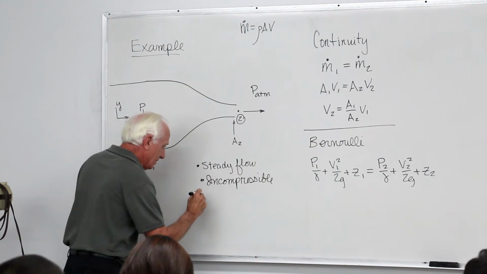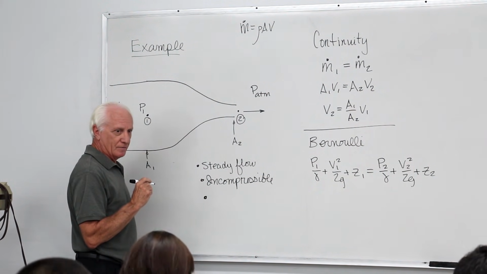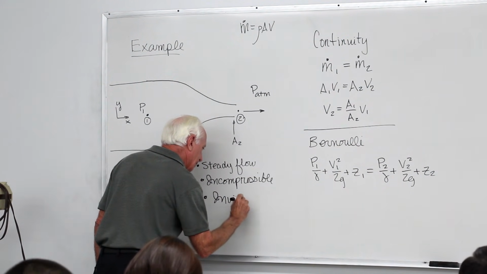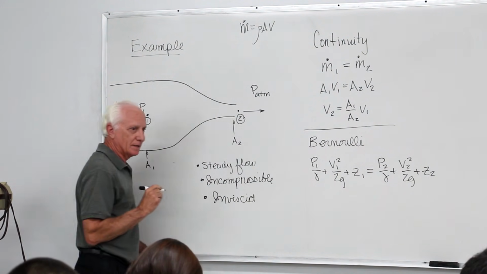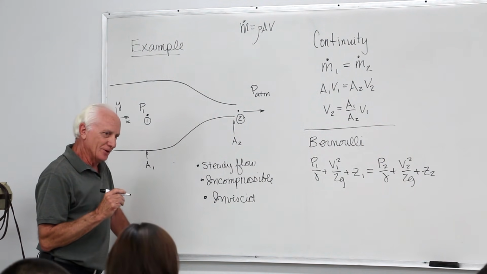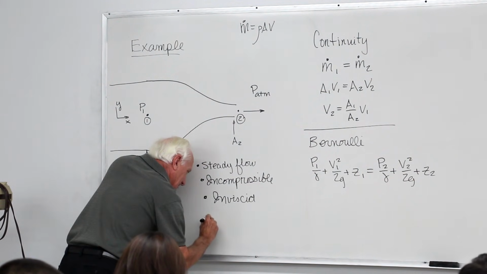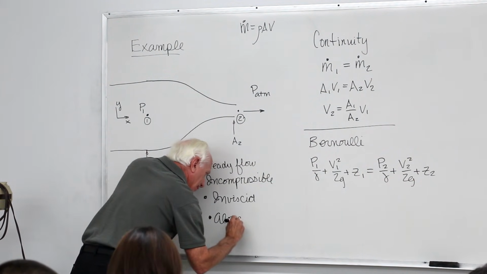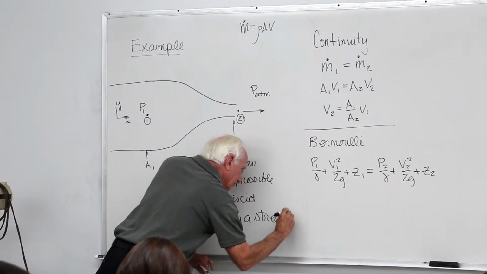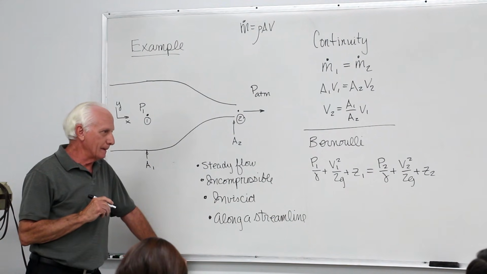If I use that equation, number 1, it's inviscid, which means no viscosity, neglect viscosity or viscous effects. Number 2, if you use Bernoulli's, it has to be along a streamline. So there are our 4 assumptions.